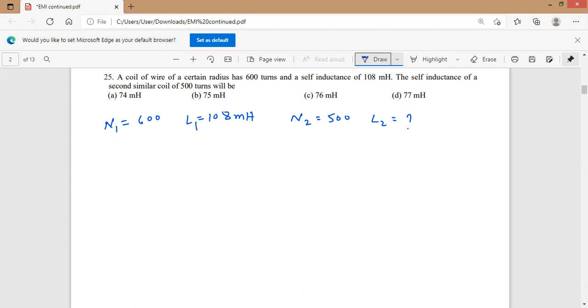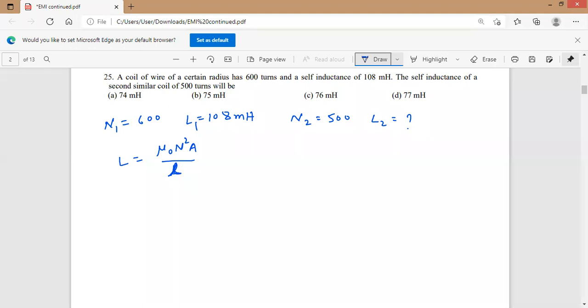Now we know that the self-inductance of the coil is given by mu naught N square A divided by L. Mu naught is the constant, N is the number of turns in the coil, A is the area of cross section of the coil, and L is the length of the coil. So here two similar coils.